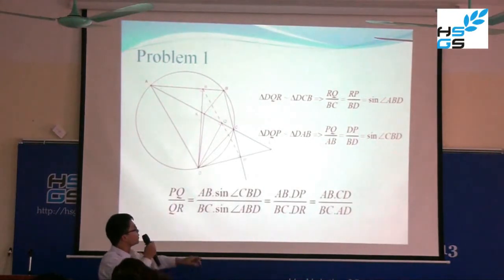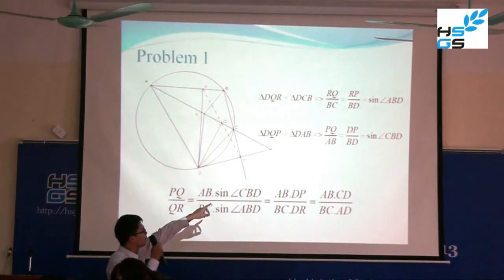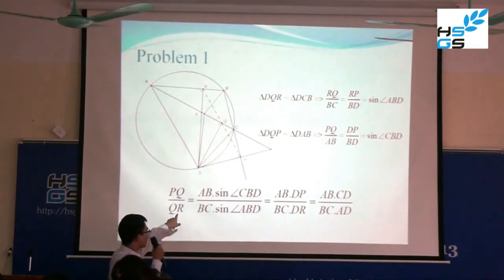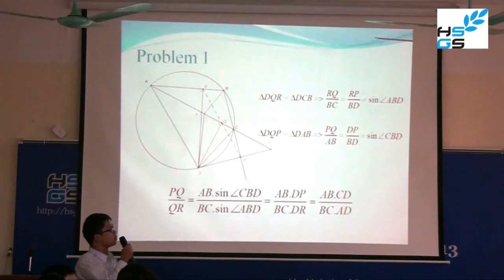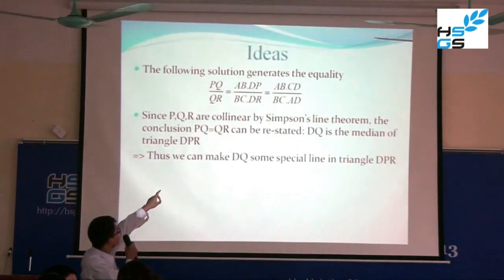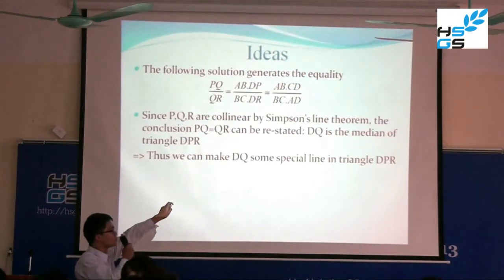Using a similar triangle pair, we got the following equality, and hence we generate this one, and the problem is easily proved. And here is our idea for the explanation of the problem. First, we got the equality which can express PQ over QR by the sines of the quadrilateral ABCD.